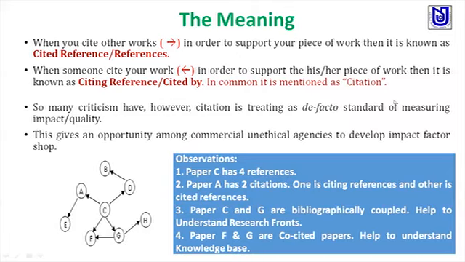Okay, so before starting with the citation matrix, one has to understand what citation actually means. Most people may have an idea that when a paper is published and it receives recognition from another paper, it is termed a citation.